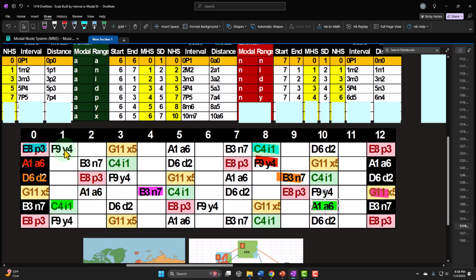Distance, that would be the 6th scale degree. So from the Phrygian, how many distance, continents and oceans? 1, 2, 3, 4, 5, 6, 7, 8.